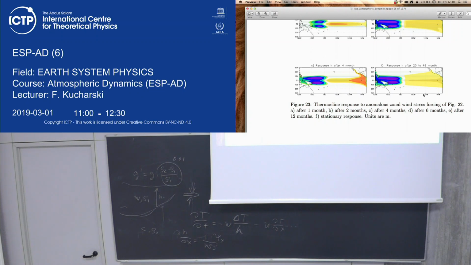Yes, there are studies and I know that there's a strong connection. So a warm ENSO event would lead to a negative phase of the southern annular mode or something like that. There are studies, maybe not so many, but yes, I'm aware of some studies. We can discuss these.